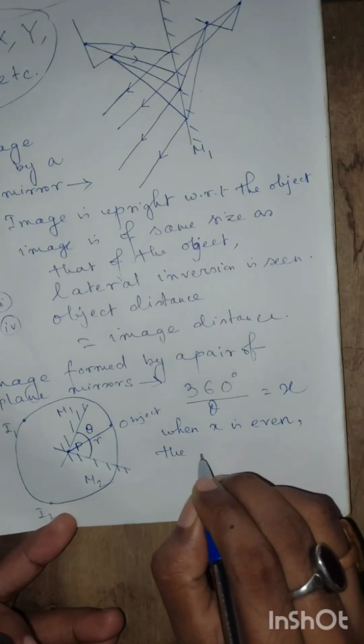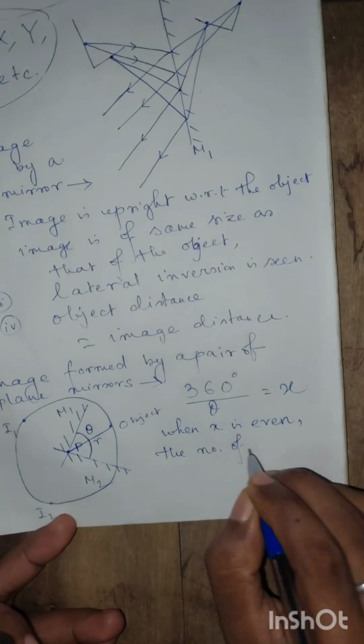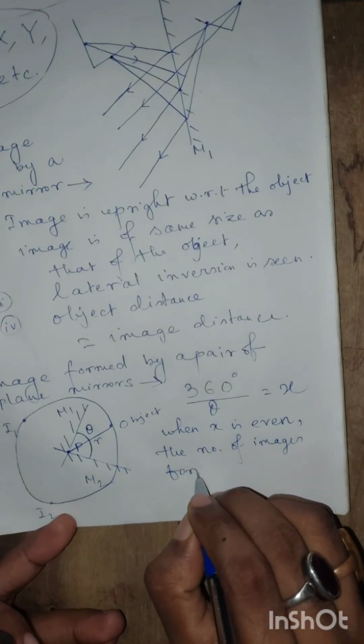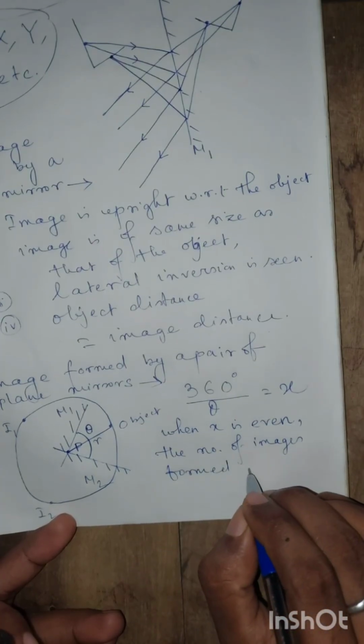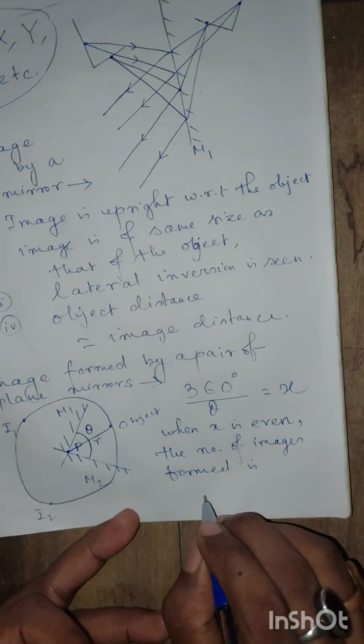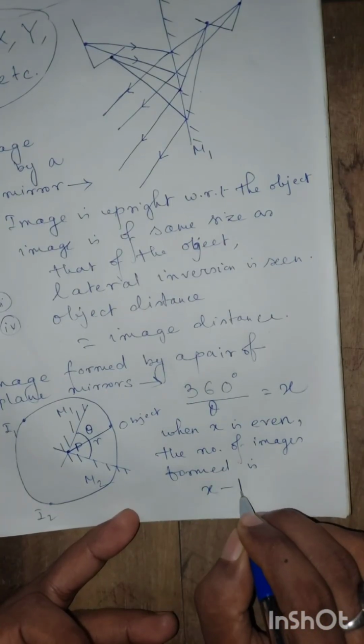the number of images formed is always x minus 1.